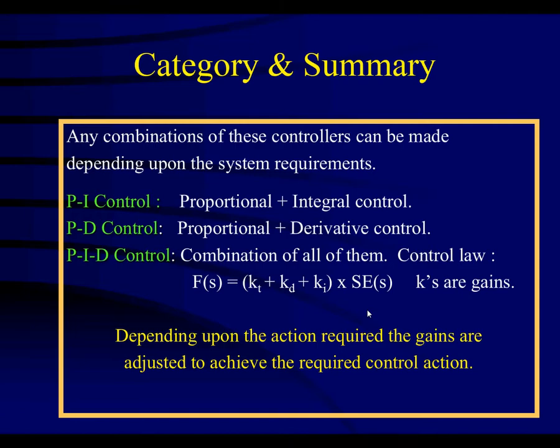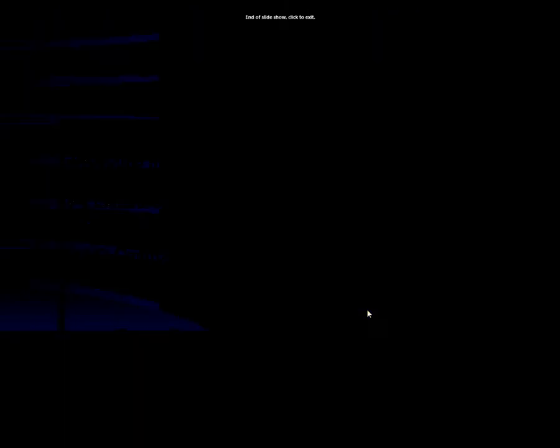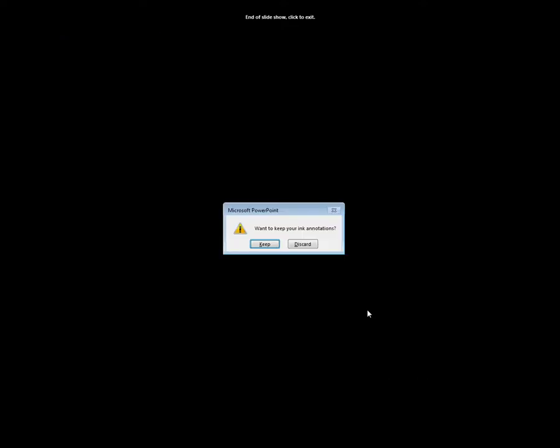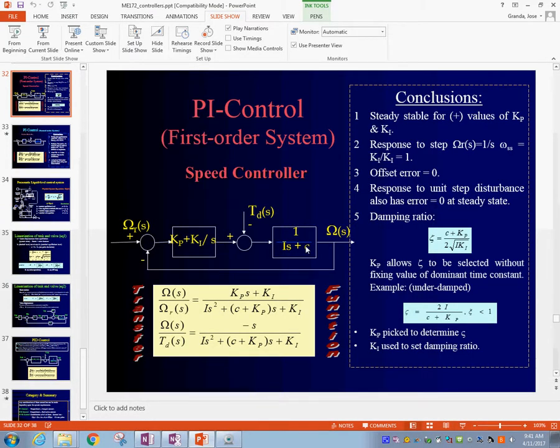The K's are the gains. So depending upon the action that is required, the gains are adjusted to achieve the required control action. Okay, so let's go back, and we stop the summary now.